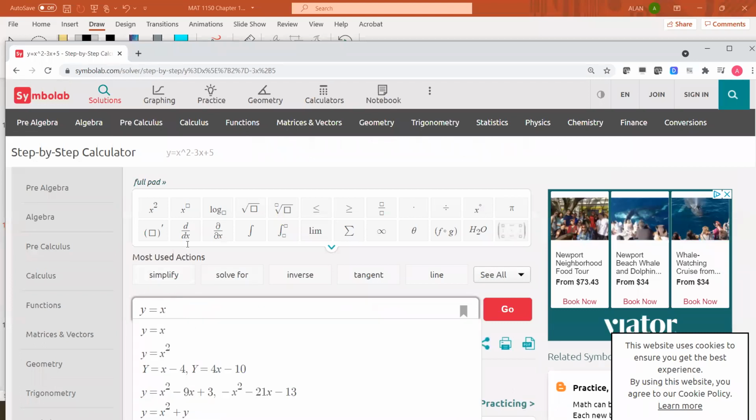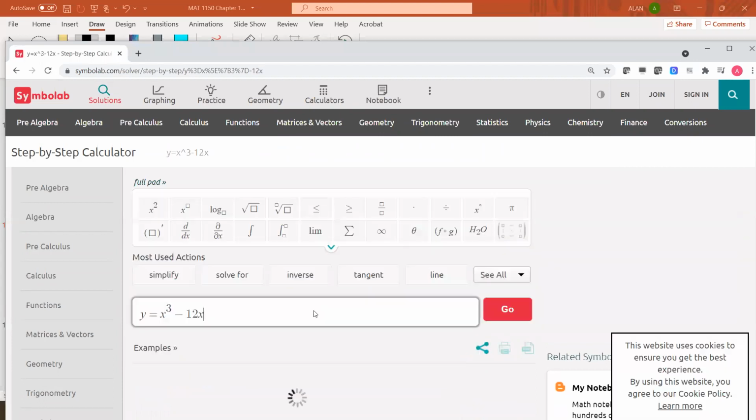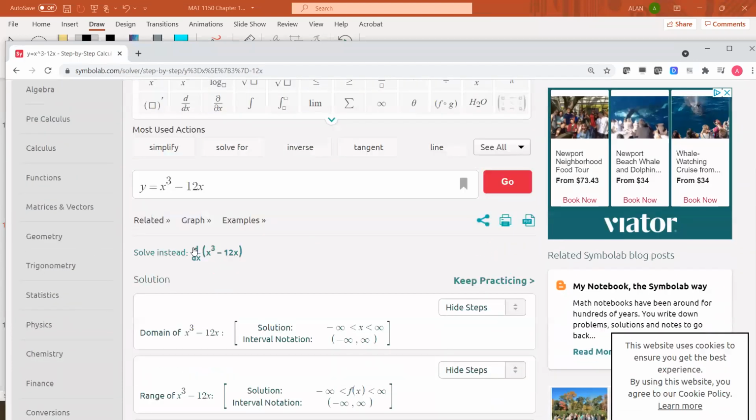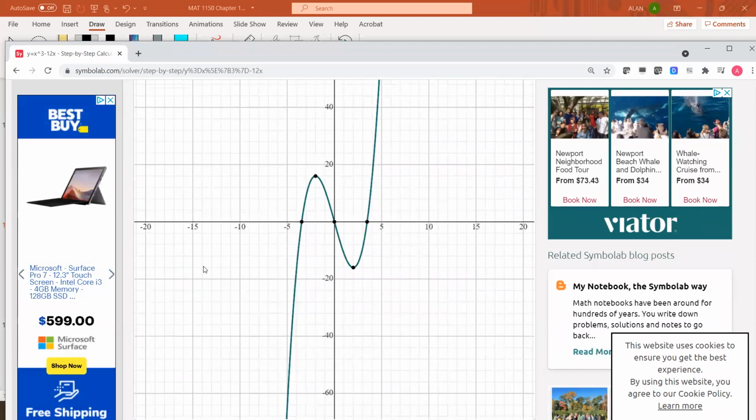Let's see what that looks like. Ooh, now that's pretty cool. You notice we mentioned this once before. Since it's a cubic function, it could potentially have 3 different solutions, which appear to be -2 radical 3, 0, and +2 radical 3.